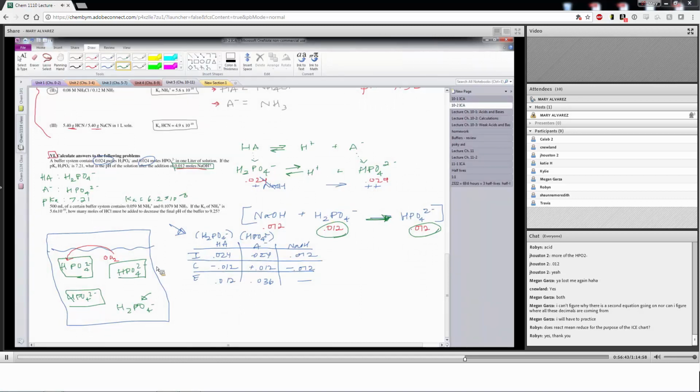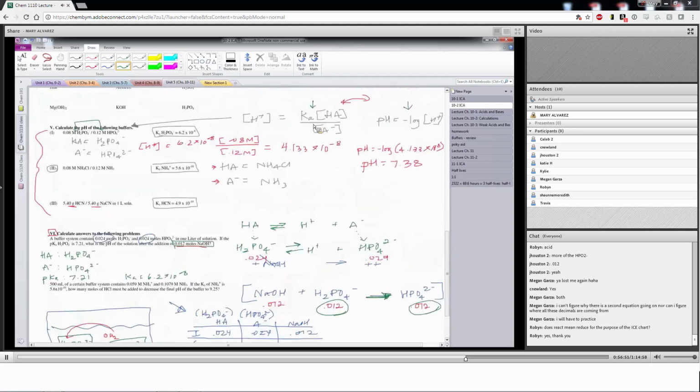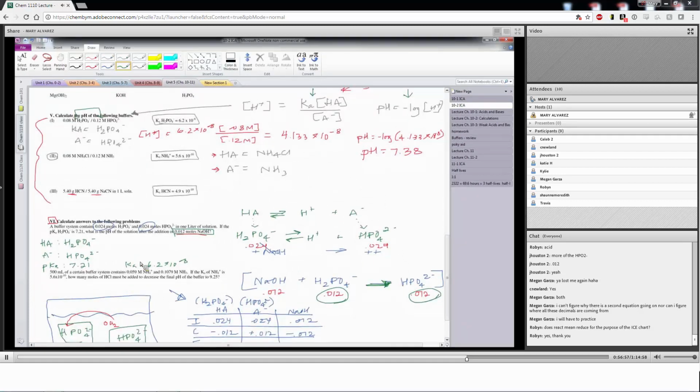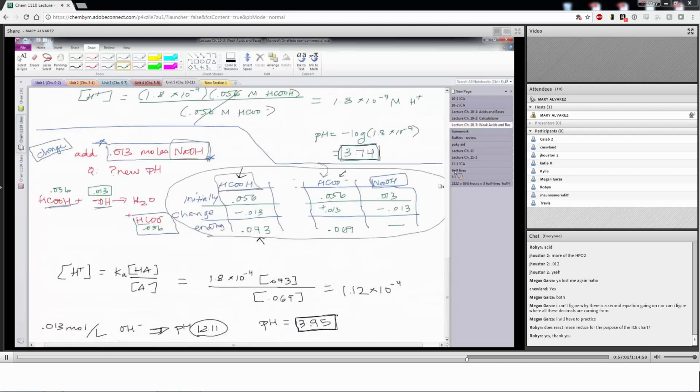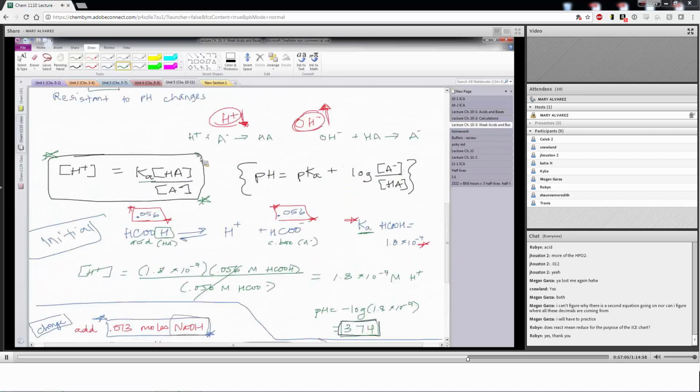Okay, so now we have new numbers to plug into our equation, and we're back to this point, just taking the numbers that we have and plugging them in. And we can do that. But let me ask you guys, you are given the pKa and the K sub A, so you guys can choose. Would you rather use this equation on the left, or would you rather use the fancy Henderson-Hasselbalch equation on the right?